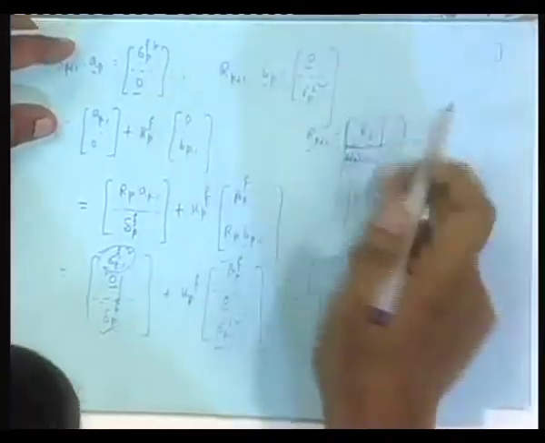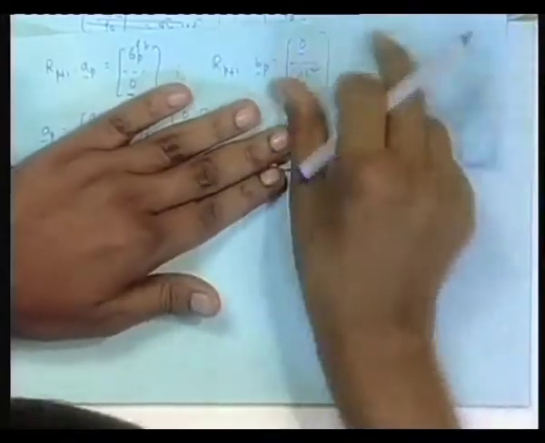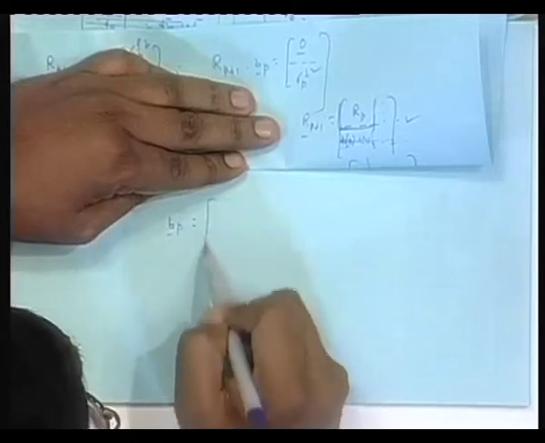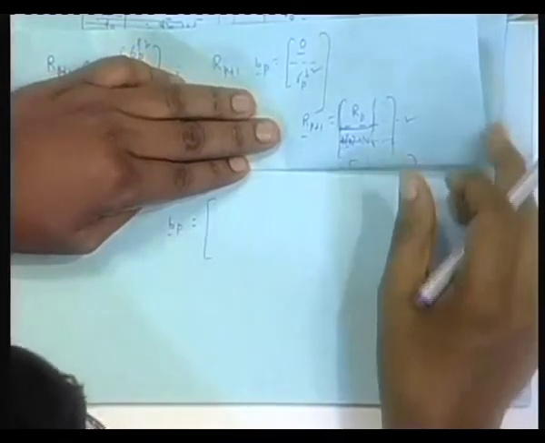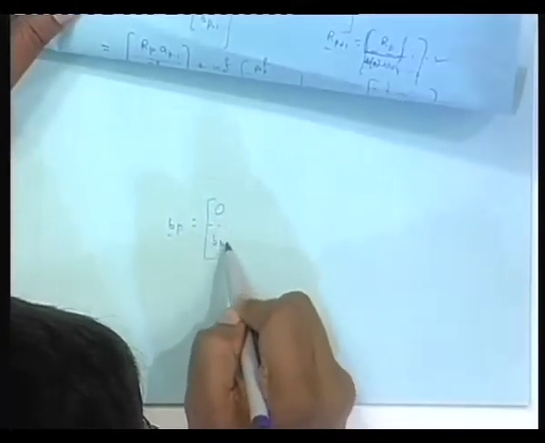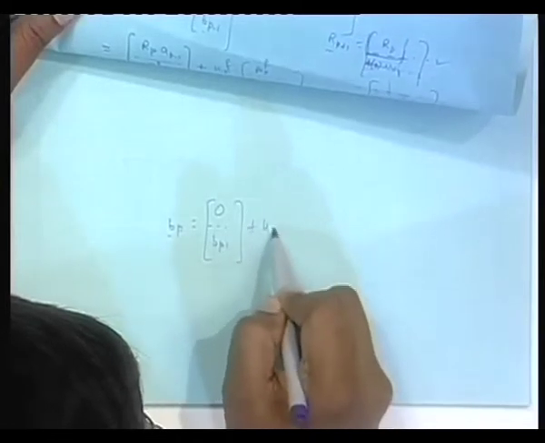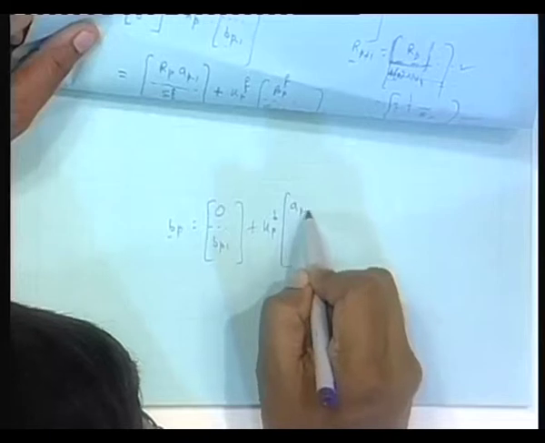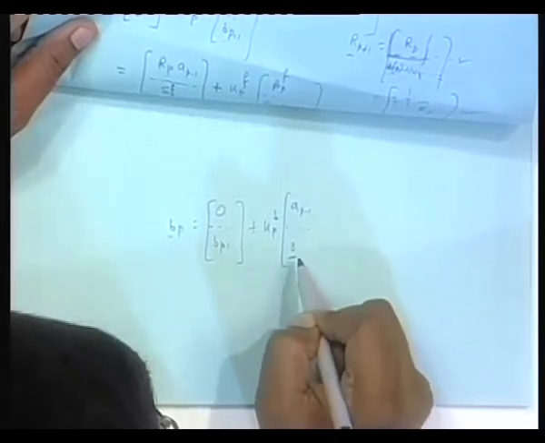To this BP you find out, you write it as 0 dot dot dot B P minus 1 and say K P B, zero.